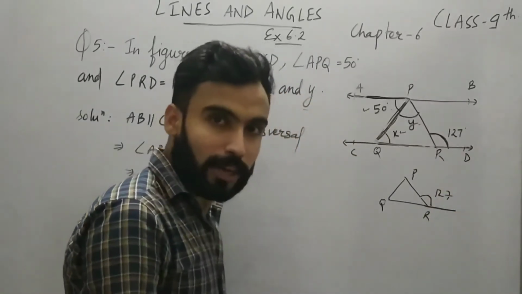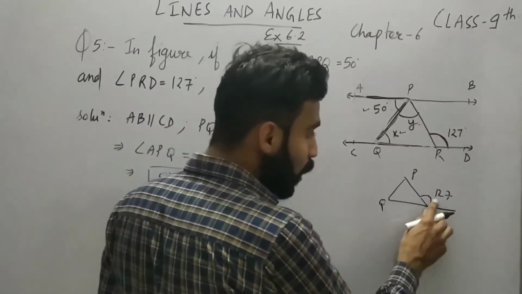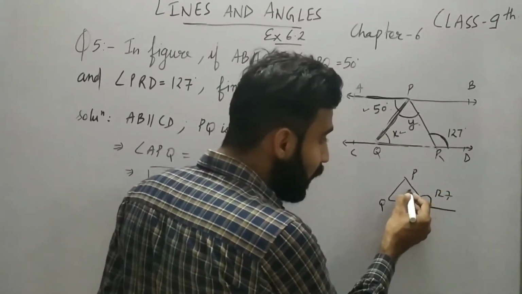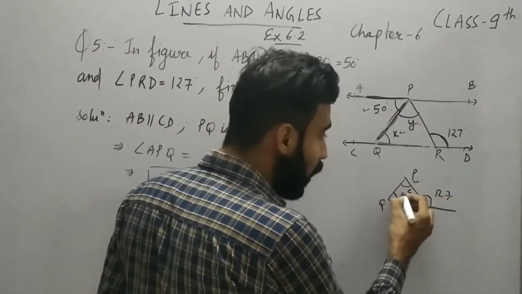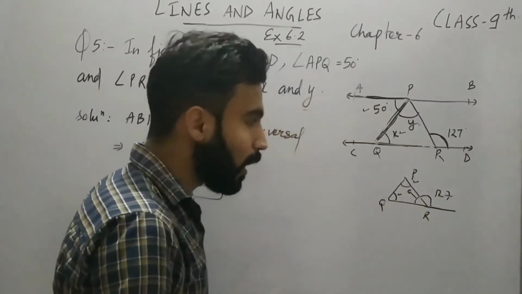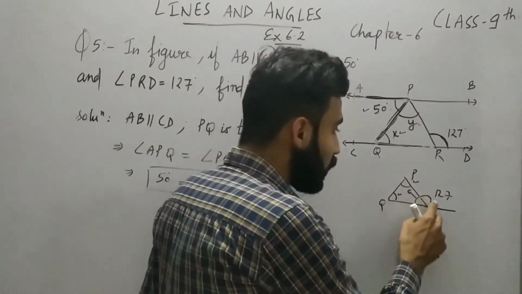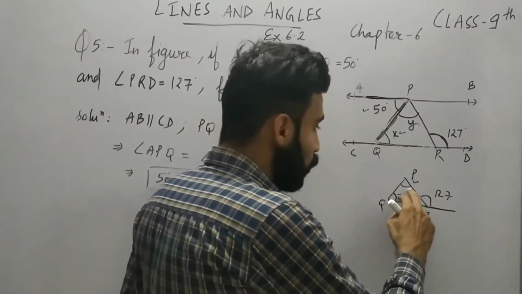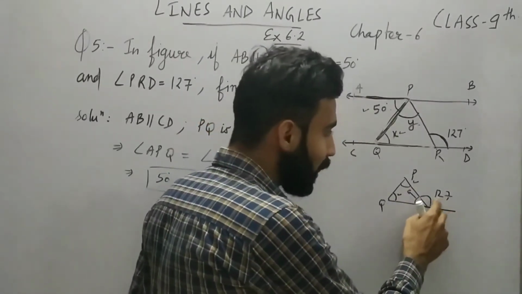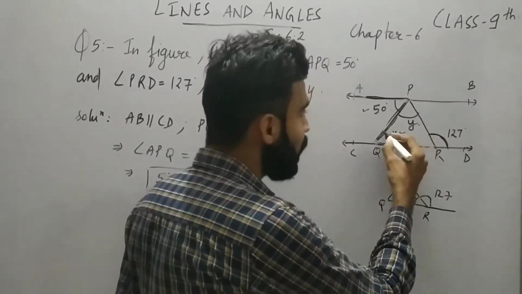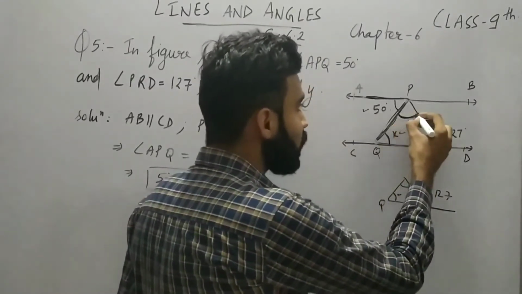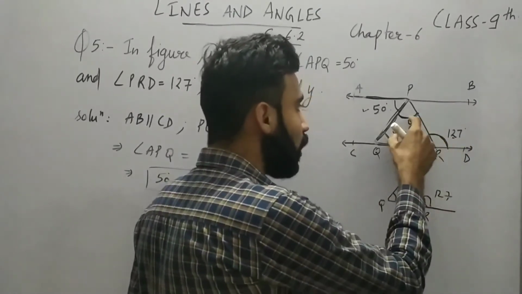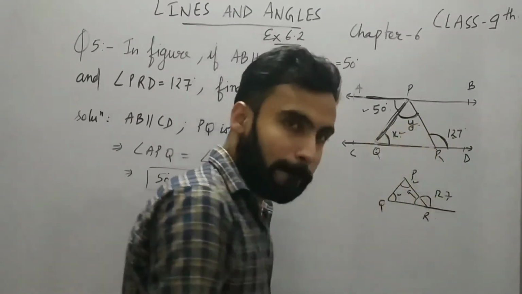Now we know the exterior angle property, which says the value of the exterior angle is equal to the sum of the interior opposite angles. So these are the two interior opposite angles to which this exterior angle is going to be equal. Their sum is going to be equal to the exterior angle. In this case, both the interior angles are X and Y. So this 127 is going to be equal to the sum of X and Y, right?